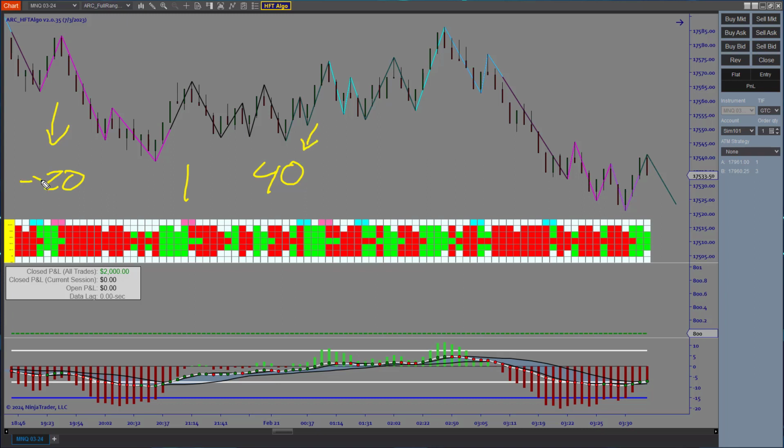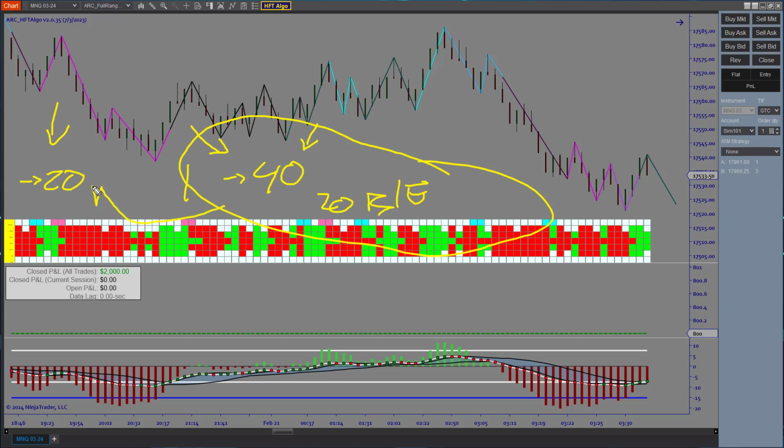Are you going to trade the first target at 20, the second target at 40? If you're going to do that, then you're going to run this to a 40 tick target with a 20 break even. And you're going to compare this test to this one, which we know made us $800.